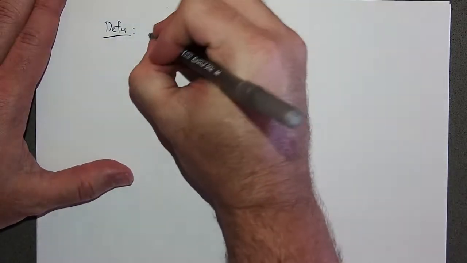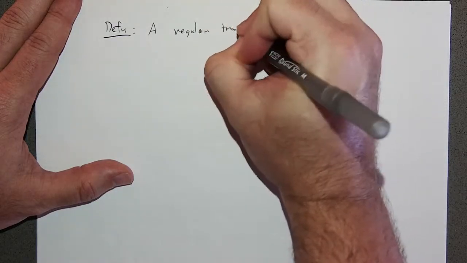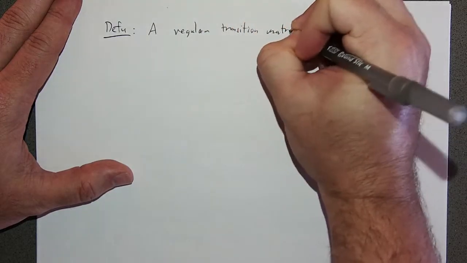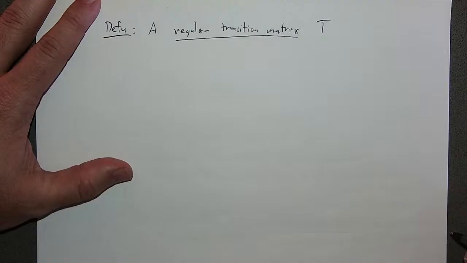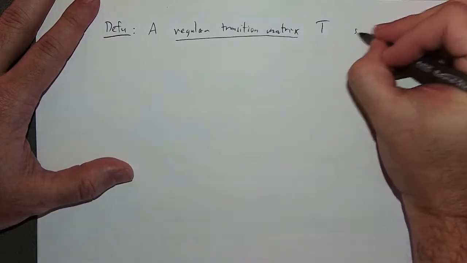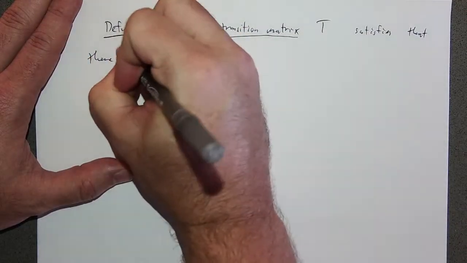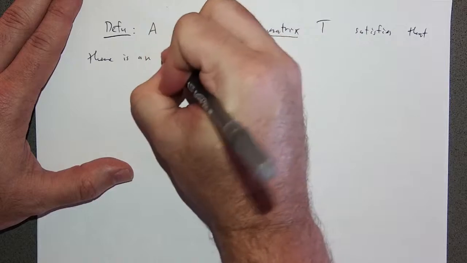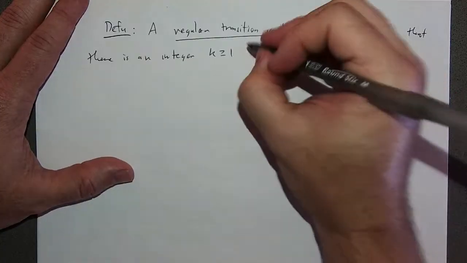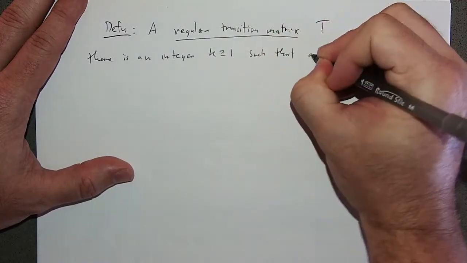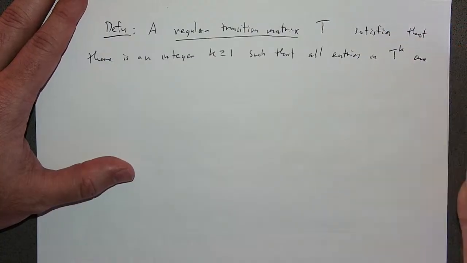A regular transition matrix T satisfies that there is an integer k greater than or equal to 1 such that all entries in T to the k are non-zero.